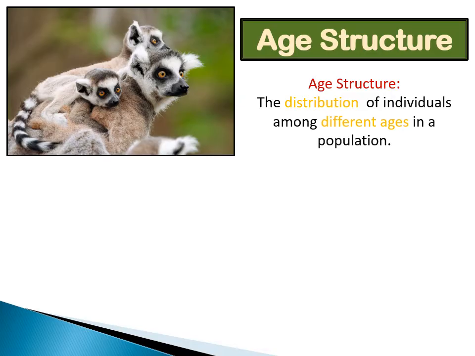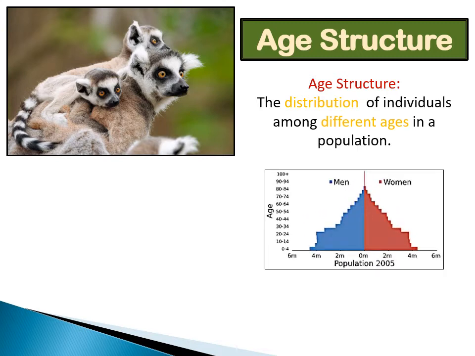If you have a population filled with old people but very few young people, that can be very problematic because the old people will be unable to reproduce, and with very few young people to continue the population, it could go extinct rather rapidly. So what you really want your age structure diagram to look like in most species is to have more young than old.